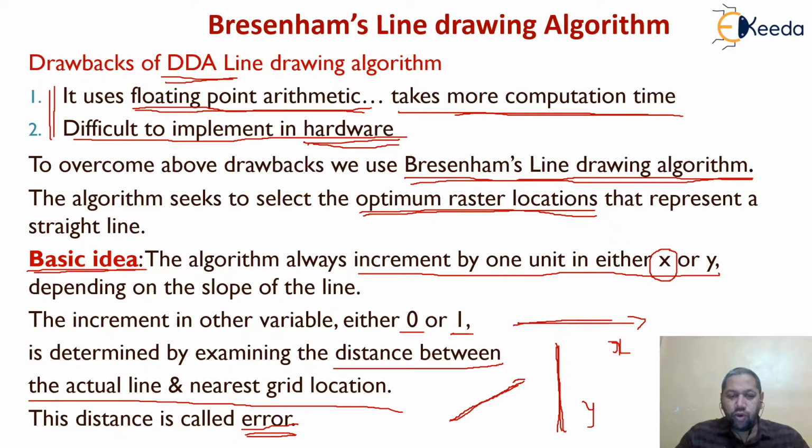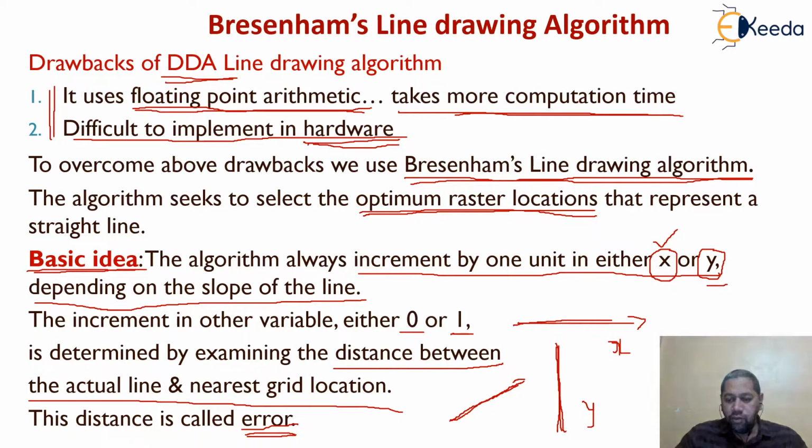I repeat it again. Depending upon the slope of the line, one variable, either x or y, is always incremented by 1. Suppose I assume that x is always incremented by 1.